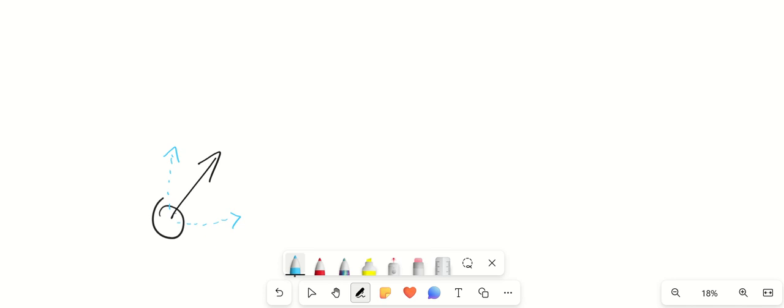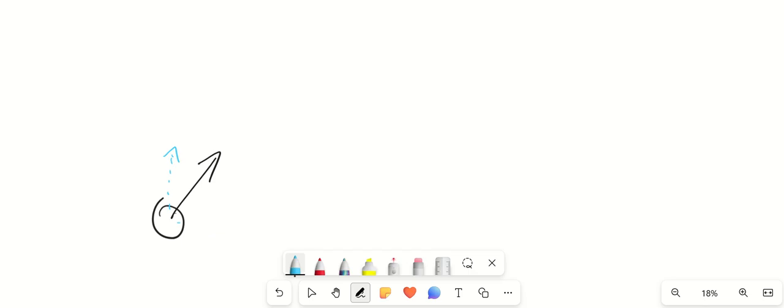Now, the portion that's moving left and right, there's no acceleration on that. What defines a projectile is that gravity is the only force acting on it, meaning we're only going to have acceleration in that vertical direction. As it moves left and right, it's going to move at a constant velocity, and as it moves up and down, it's going to have acceleration from gravity.